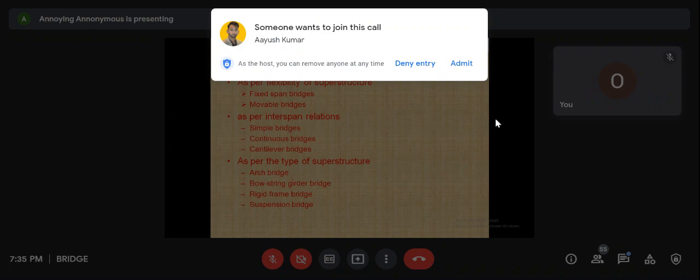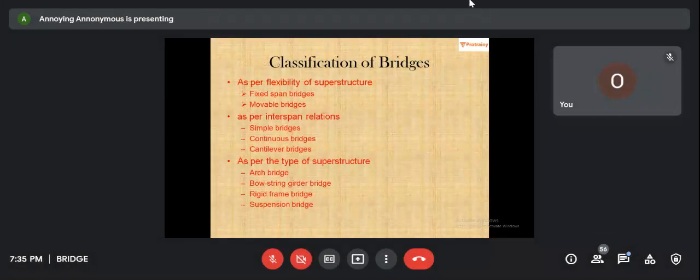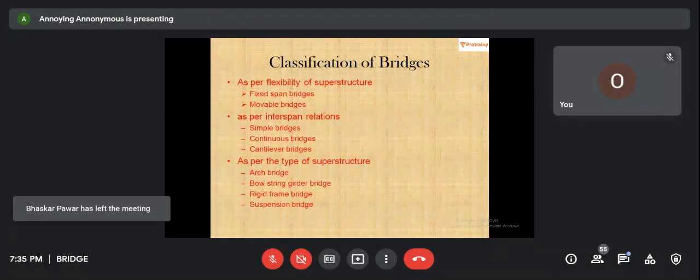And frankly speaking, you can't cover all the bridges in just 30 days. It's not possible at all.